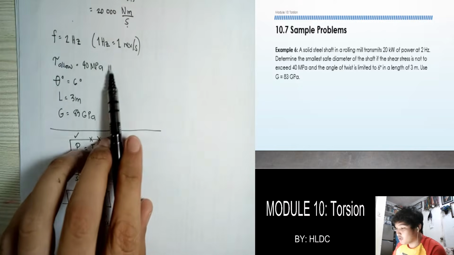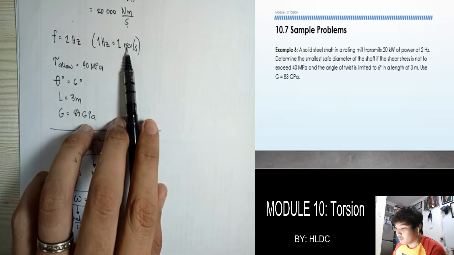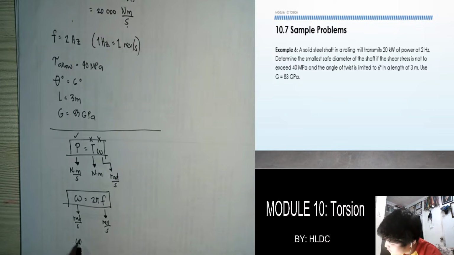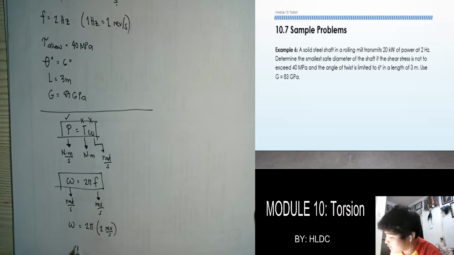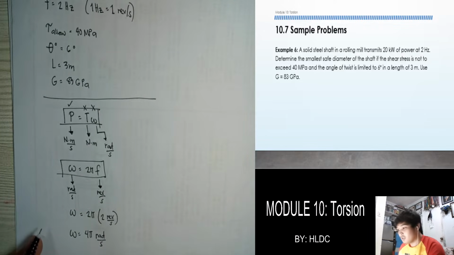Anyways, naka revolution naman siya, no? Kasi 1 hertz equals 1 revolution. So, parang 2 revolutions per second lang siya. So, pwede ko siyang gamitin. So, omega is equal sa 2 pi times 2 revolutions per second. So that the omega now is equal sa 4 pi radians per second. Okay, so parang nag-convert lang tayo. Gets?